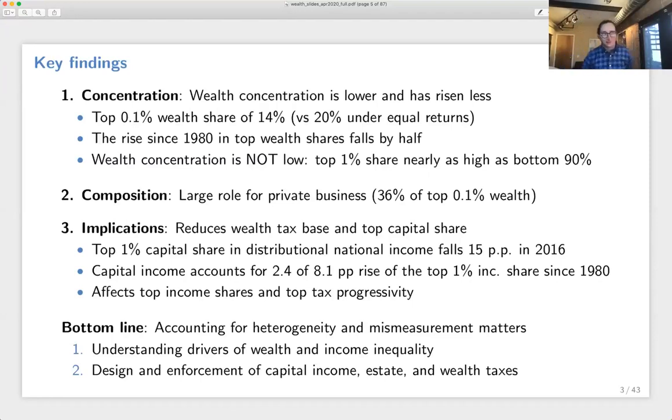In these data, and this also goes to most of the data that have been used in the inequality literature, including the surveys, including the stratified income tax data that Piketty, Saez, and Zucman use, you don't have the ability to follow people over time in a consistent way and answer this question. So these are repeated cross sections. Could be quite misleading if there's a lot of churn at the top.